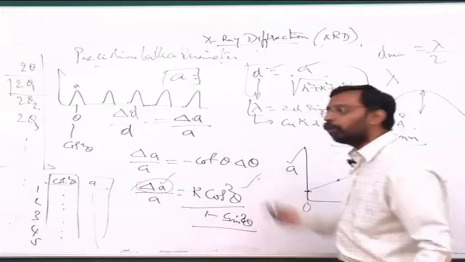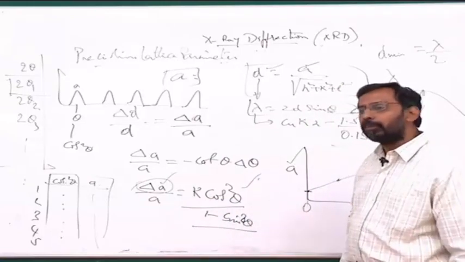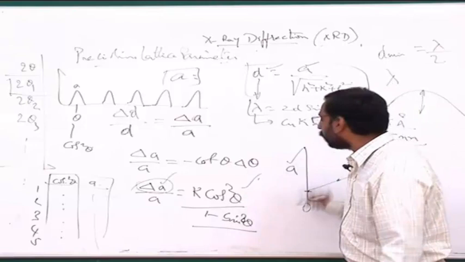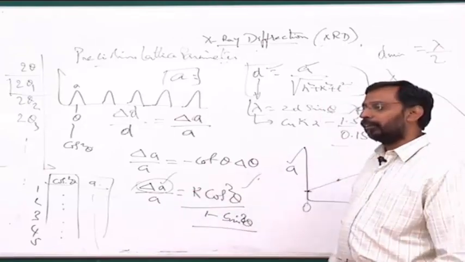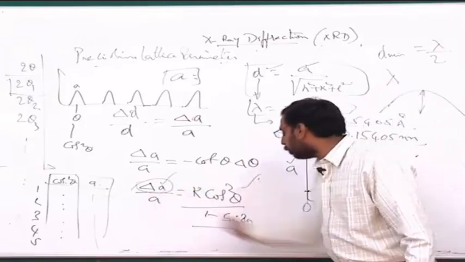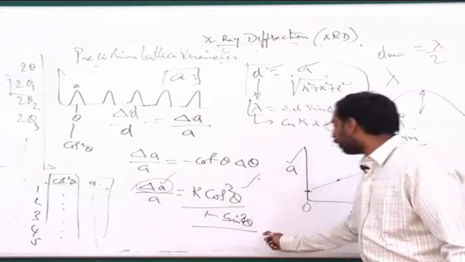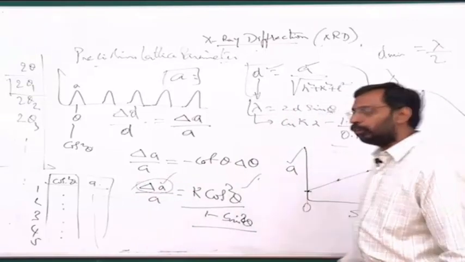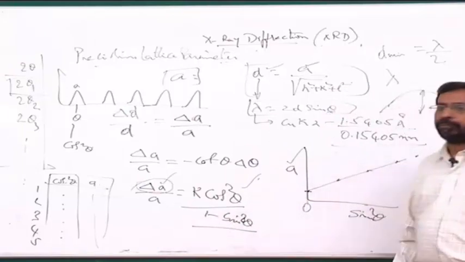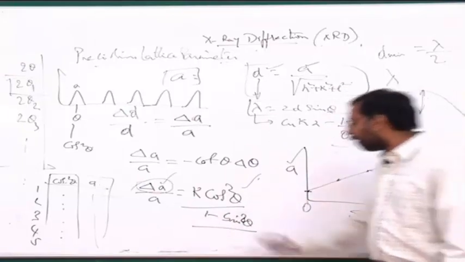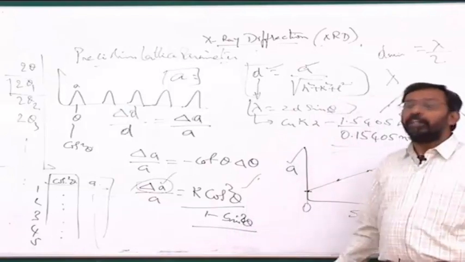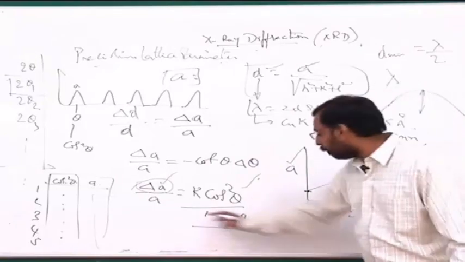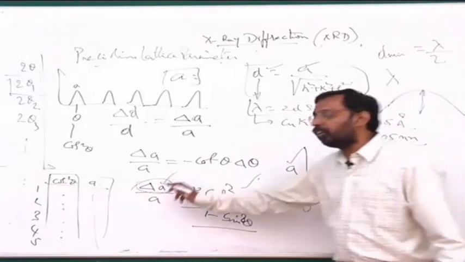That will go only into the intercept, and there is no problem. So the intercept gets modified a little bit, but you can in principle use A versus sin square theta, and then again wherever sin square theta goes to 0, you can find that. Or wherever sin square theta goes to 1, in principle you can also do that, because 1 minus 1 is 0, so delta A is 0.